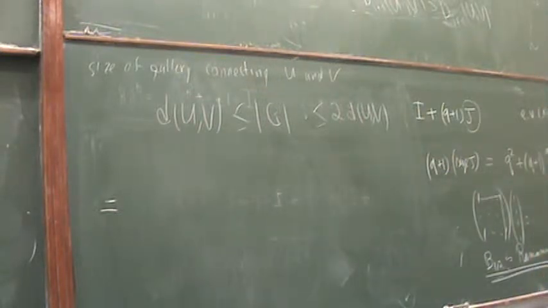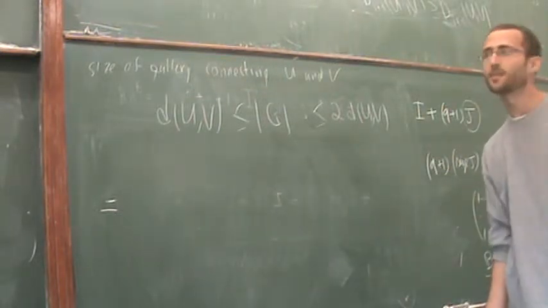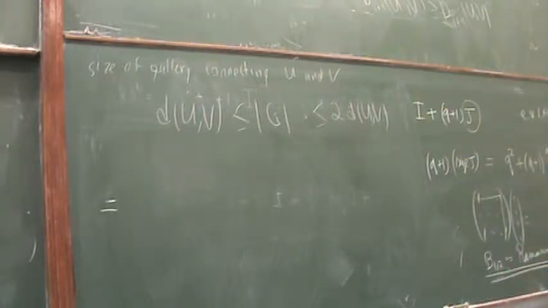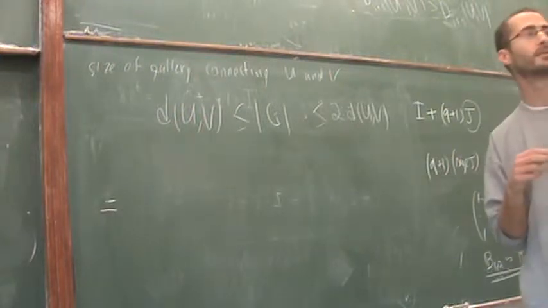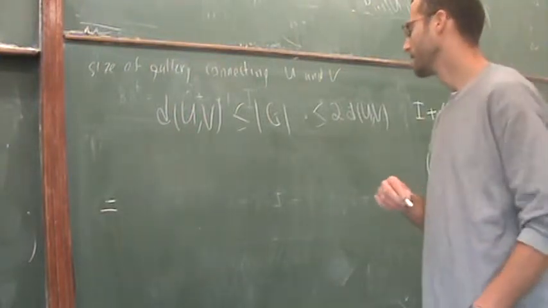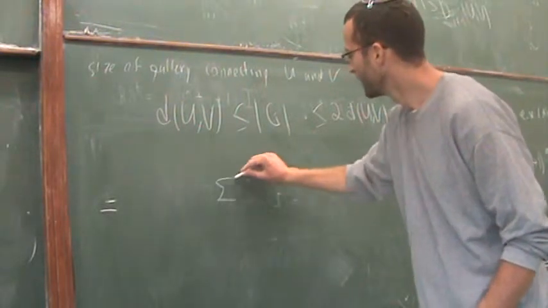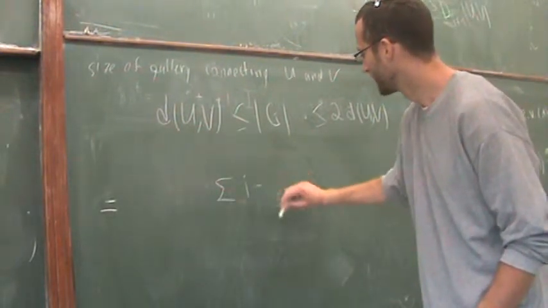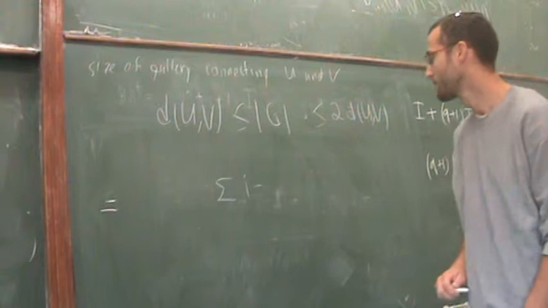So it's sum of i's, minus, well, it's not really sum of i's, because the intersection of two large spaces has to be something, right? I don't know, I checked it once and I forgot already.